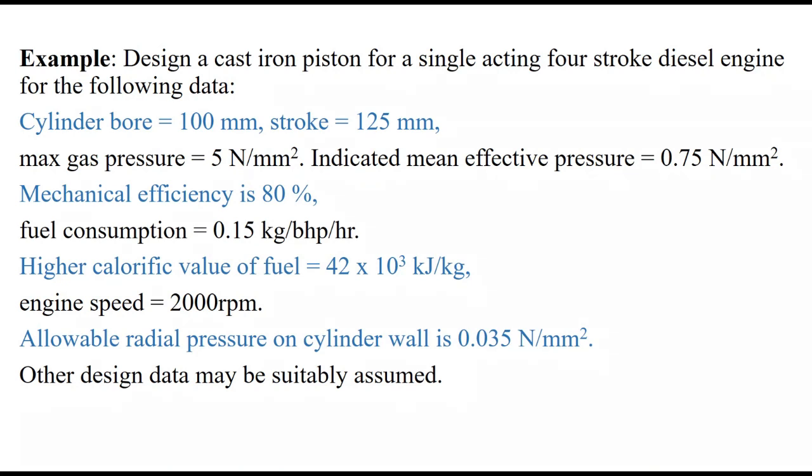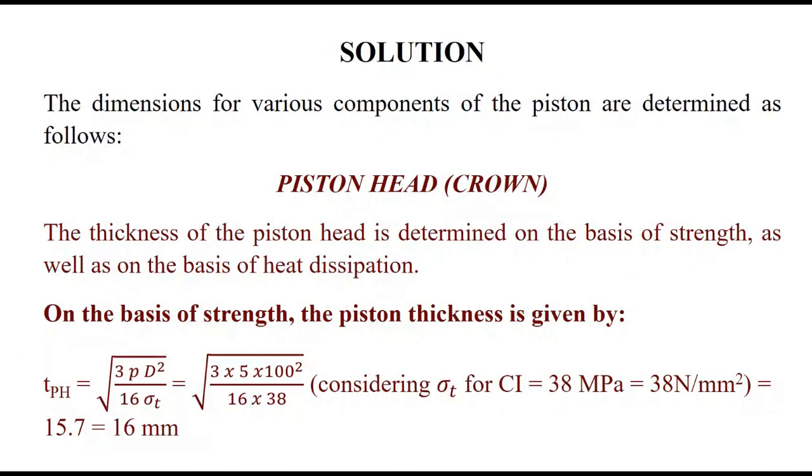We have to see here that this is a cast iron piston, not an aluminum piston, so whatever data we assume, we should assume considering a cast iron piston. We cannot assume data for an aluminum piston. So first, we have to design the piston head.